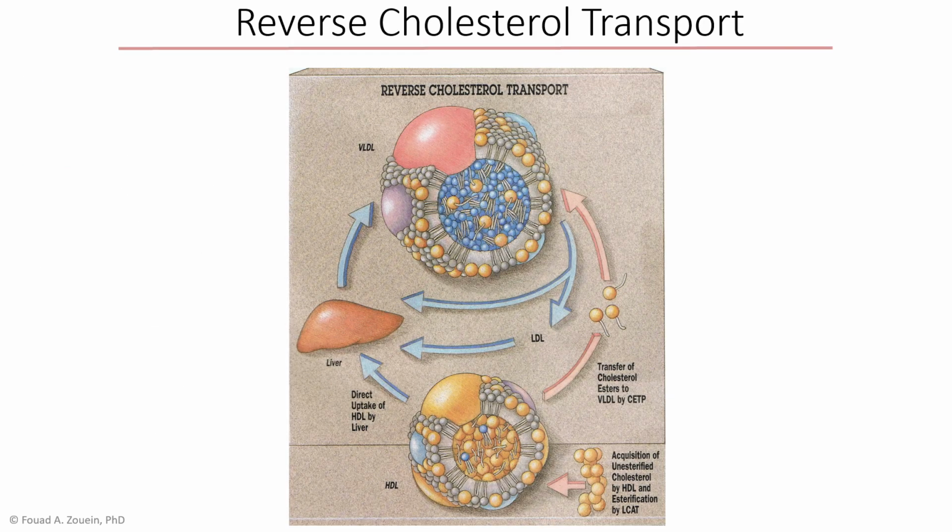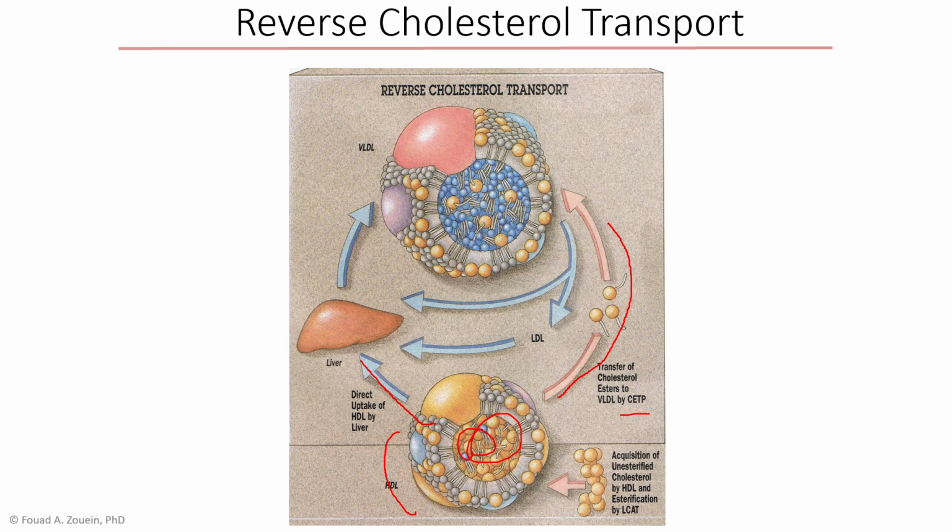This slide simply summarizes the mechanism of reverse cholesterol transport, by which HDL right here can either take the esterified cholesterol that's in the core right here, and take it all the way to the liver to be processed, or through the CETP enzyme. We talked about that. It exchanges the esterified cholesterol with VLDL in exchange for triglyceride.